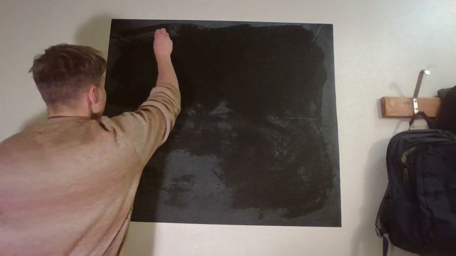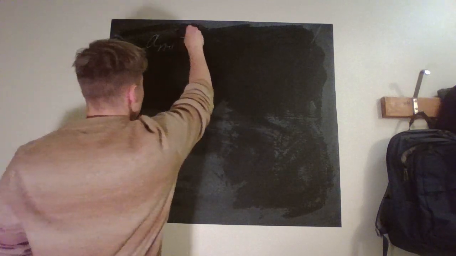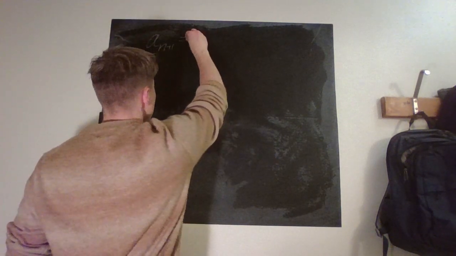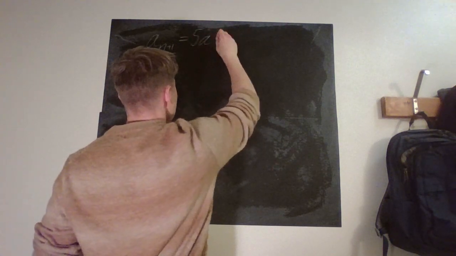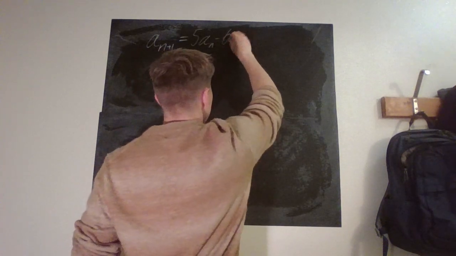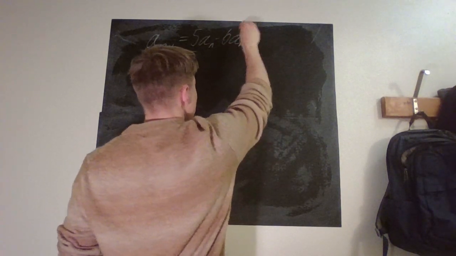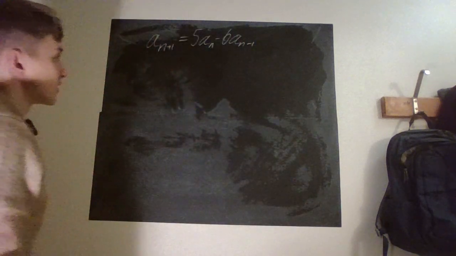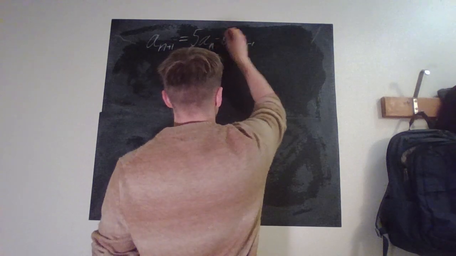So what do we want to show? We want to show that a_{n+1} is equal to 5a_n minus 6a_{n-1}. You may notice that this is the exact same thing I wrote before, but now I wrote it with a starting n plus 1 instead of n.